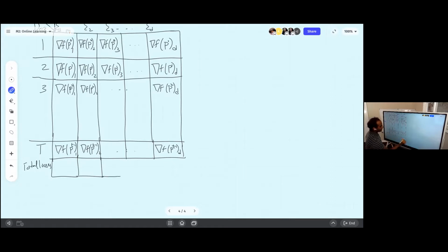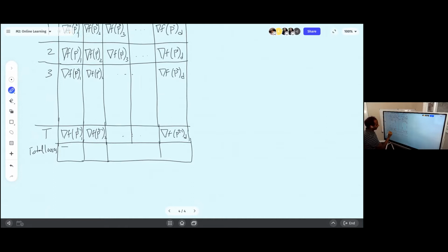I can add up the losses of all the experts, and I would get the sum of the gradients in the first coordinate, the sum of the gradients in the second coordinate, and so on. So these are the total losses of each expert.